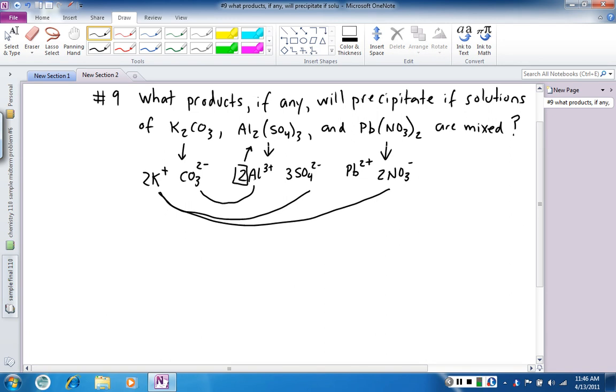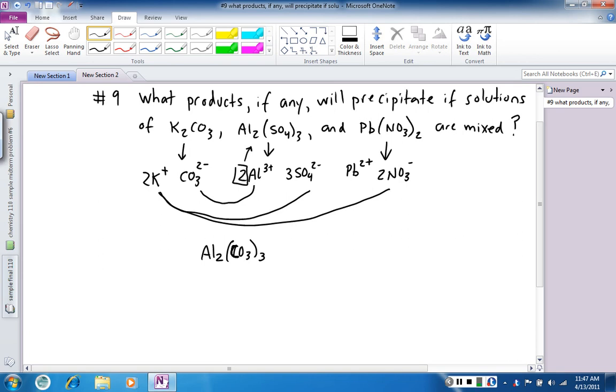It's going to combine with CO3 2 minus. It will combine Al2(CO3)3. That's going to give you plus 6 and minus 6 to give a neutral compound.